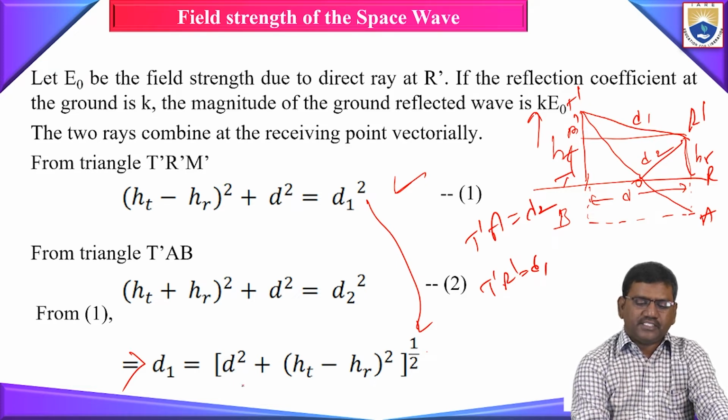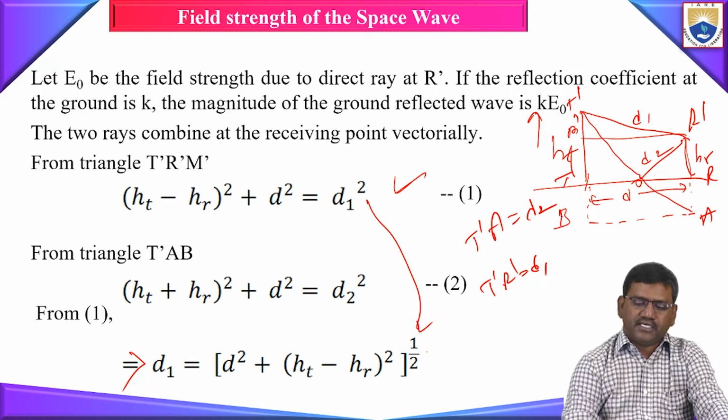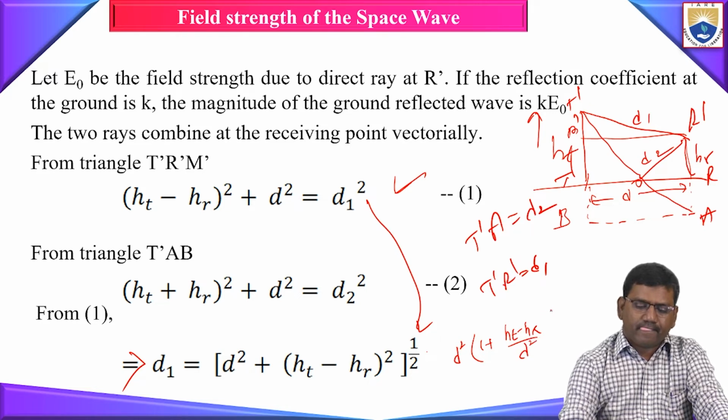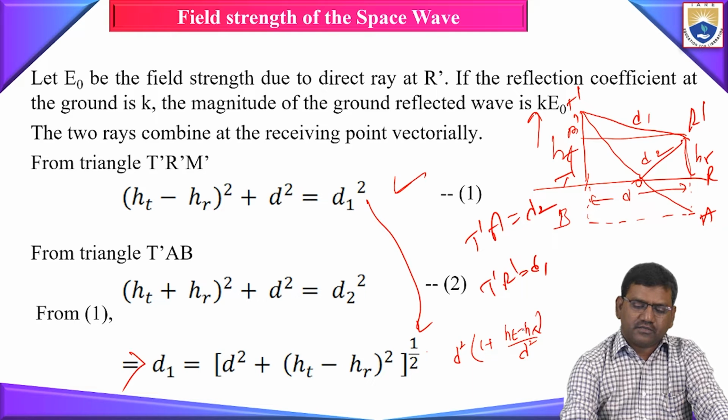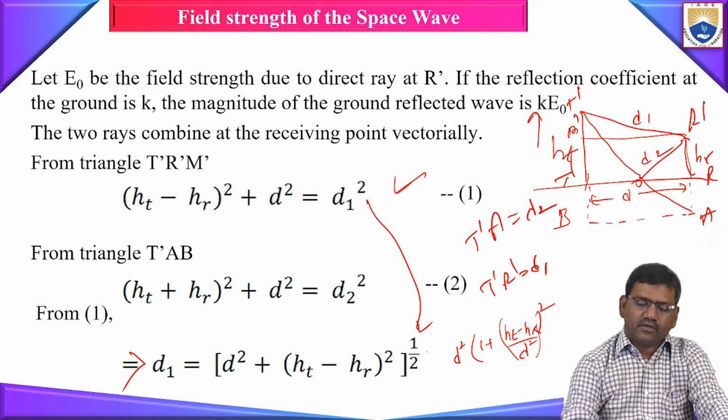In this expression, let us take d square as common. You will get d square into 1 plus (HT minus HR) by d, whole square, whole power half.